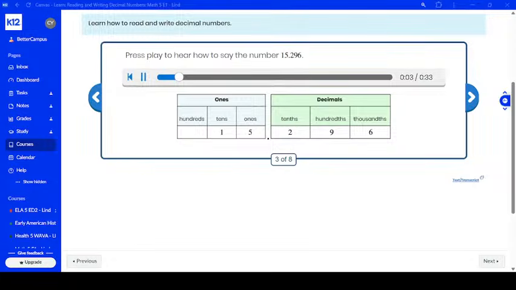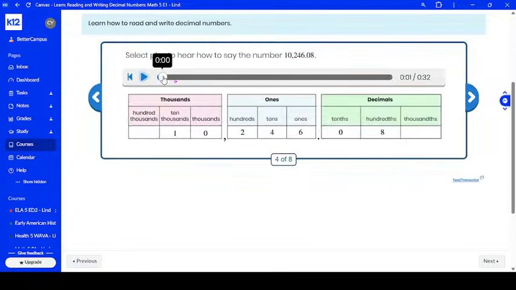I read the number of thousandths. Listen to the number again. 15 and 296 thousandths. Awesome! Yeah! High five!